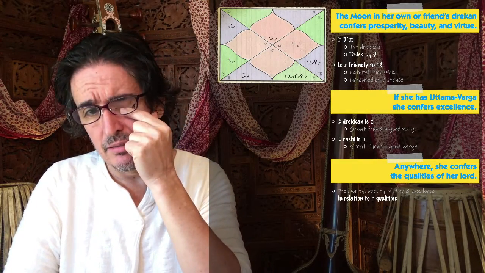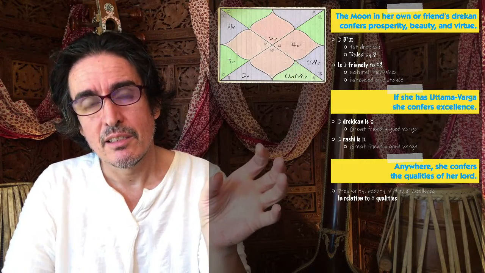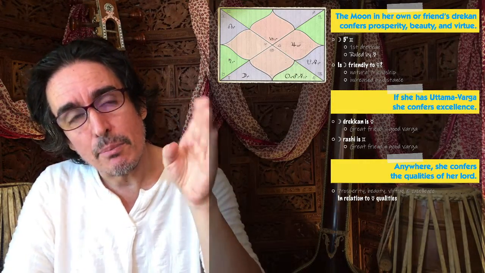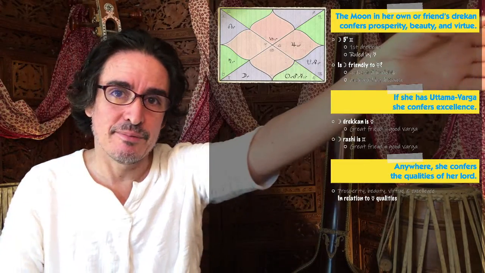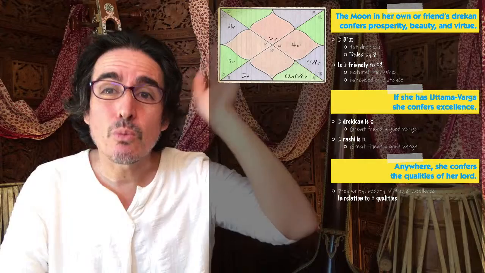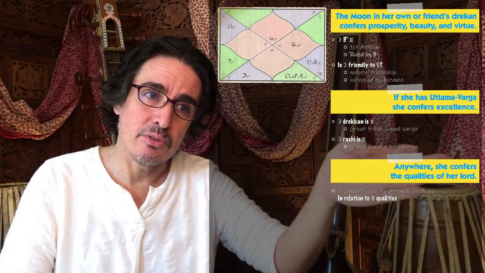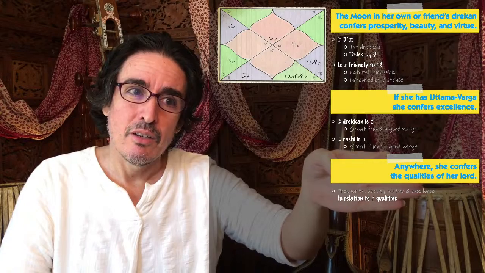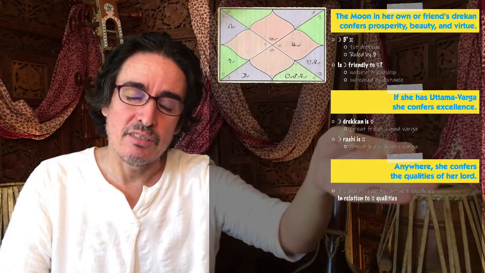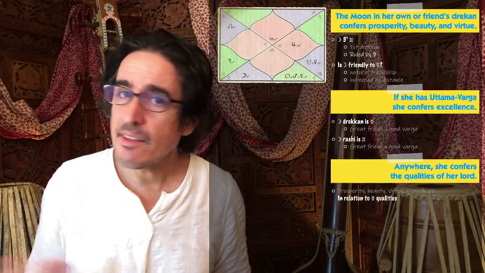So that means this moon is showing that the person is good with Mercury, which means intelligence, or words, language, or numbers, math, symbols, or astrology, or communication, or anything that Mercury represents.